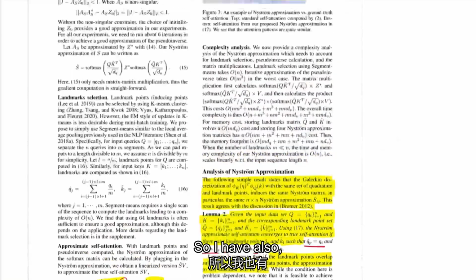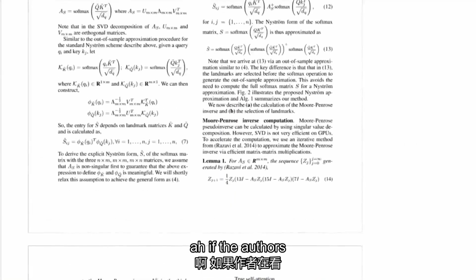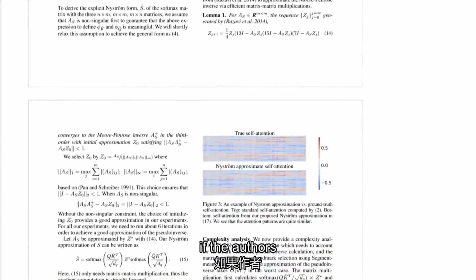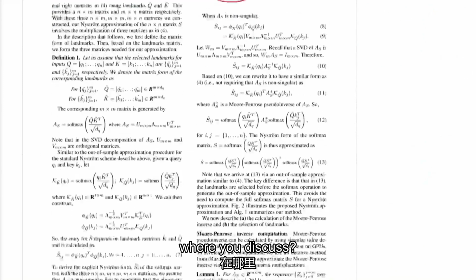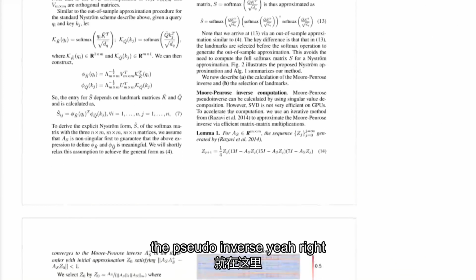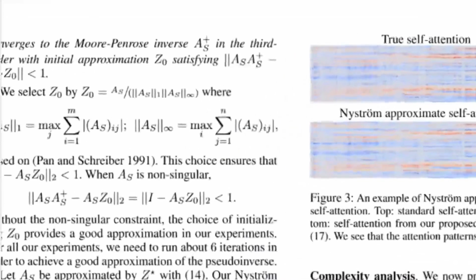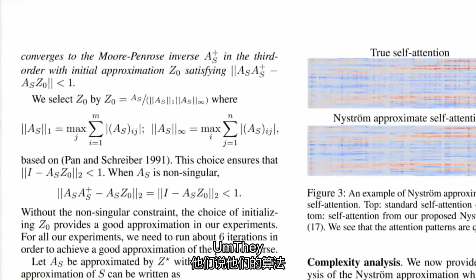So I have also, if the authors are watching, there is a mistake. Where is the mistake? Where they discuss how they do the pseudo inverse. Yeah, right here. They say their algorithm converges to the inverse, to this inverse.